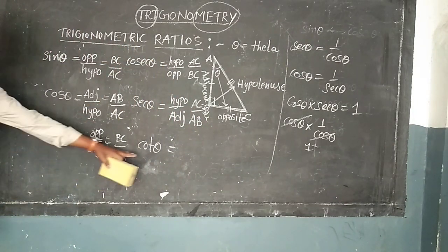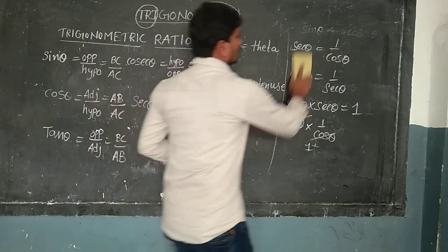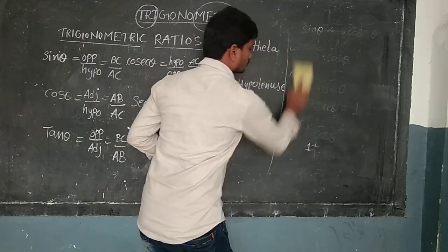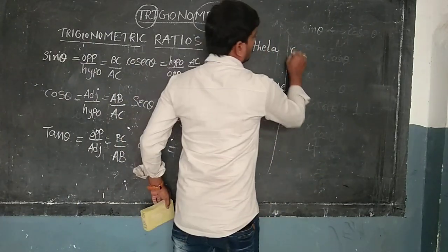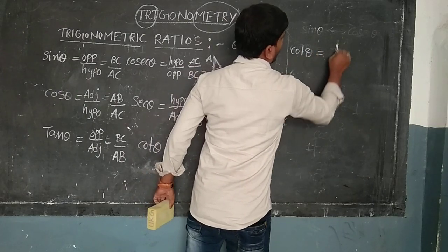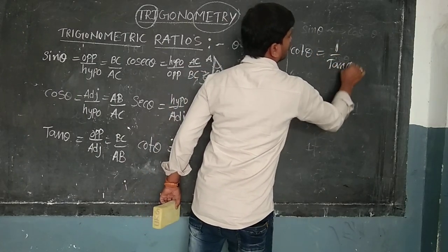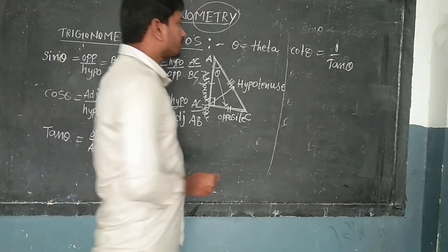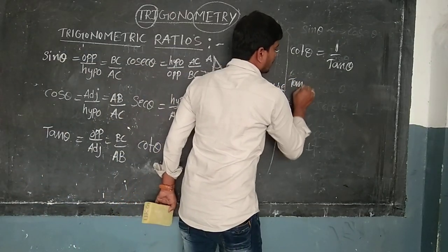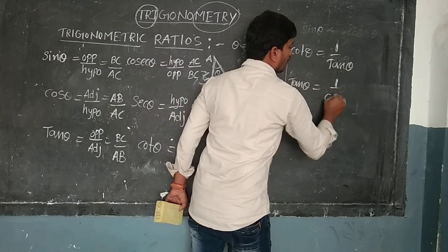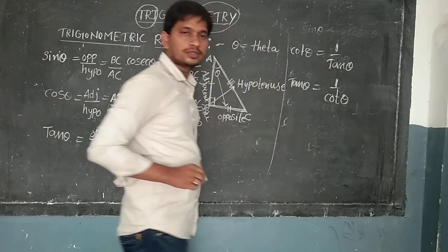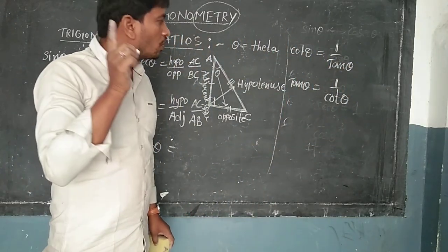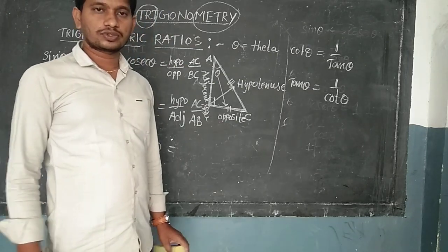Now coming to cot theta, students. Cot theta is the reciprocal of tan theta. Cot theta equal to 1 by tan theta, and tan theta is the reciprocal of cot theta, so tan theta equal to 1 by cot theta.